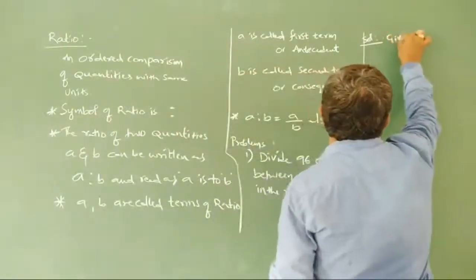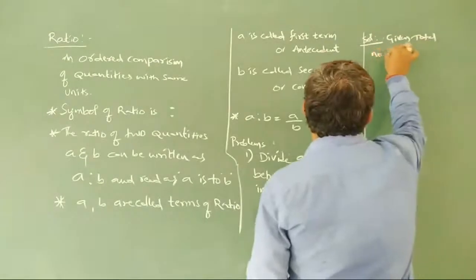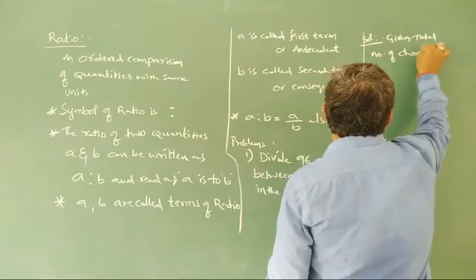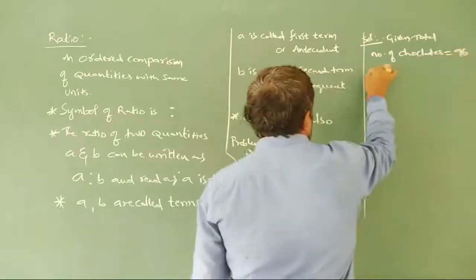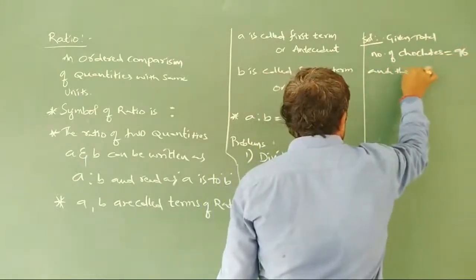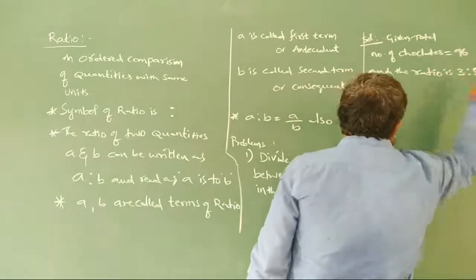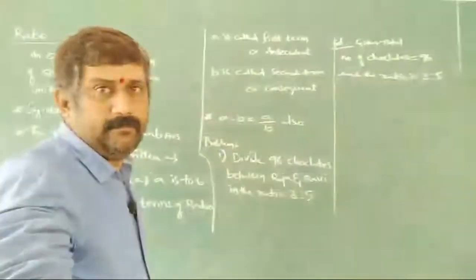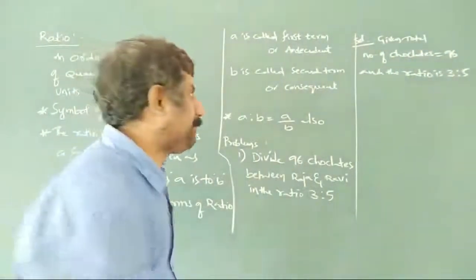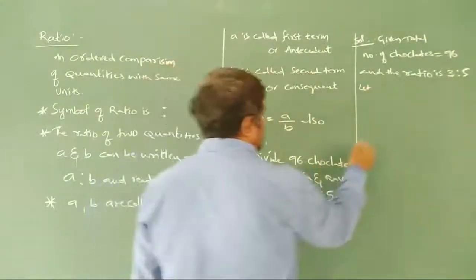Given: total number of chocolates 96 and the ratio 3:5. Raja is first here.